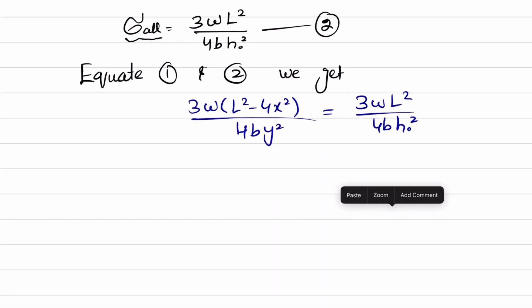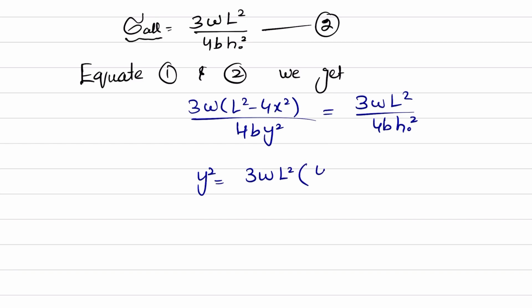So we are interested to find this y. So y square will be equal to 3w l square into 4b divided by 4b h naught square into 3w into l square minus 4x square.